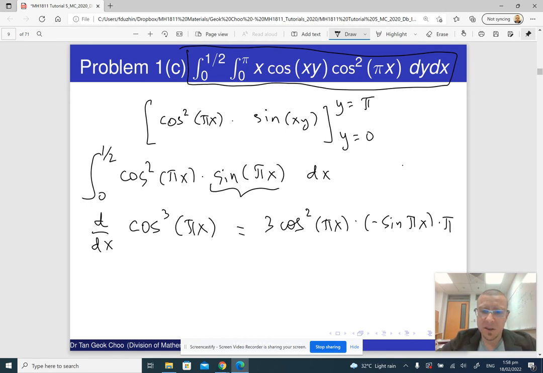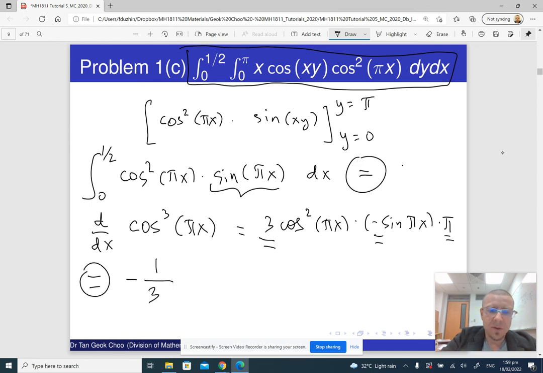So in order to compensate for this minus 3 pi, I need to divide by minus 3 pi. So the antiderivative of my function is really minus 1 over 3 pi times cosine cube of pi x. And I should take the change from 0 to 1/2.